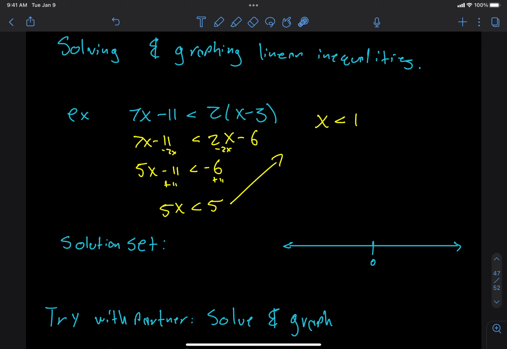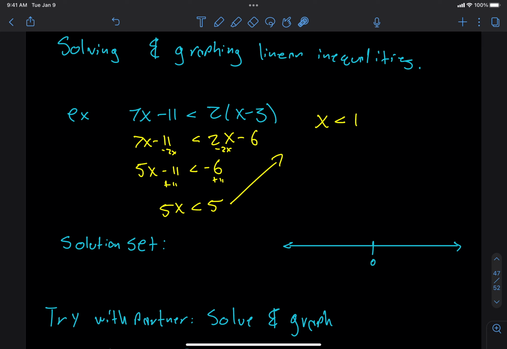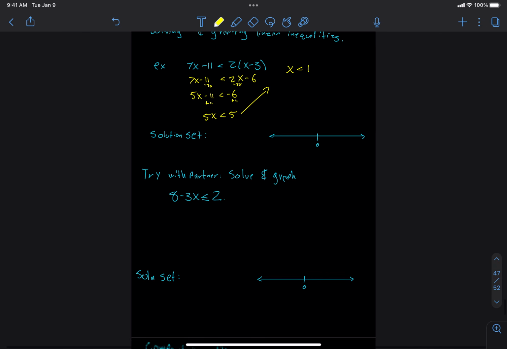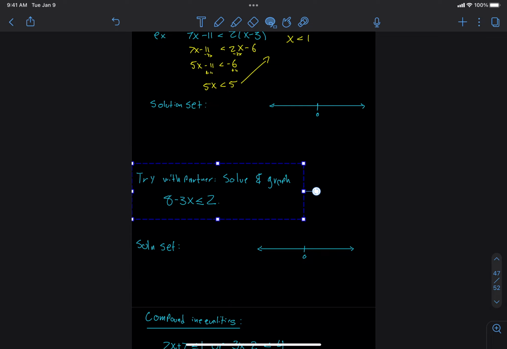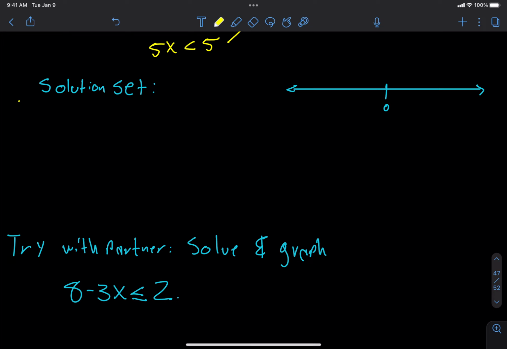So what we're going to do first is we're going to describe the solution set, and then we are going to graph that set on the number line, okay? So the solution set is going to be, let me maybe move this down a little bit so I have some more room. The solution set, let me describe what that's going to be.